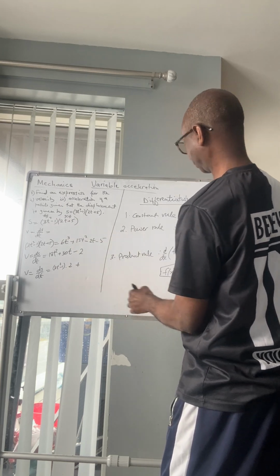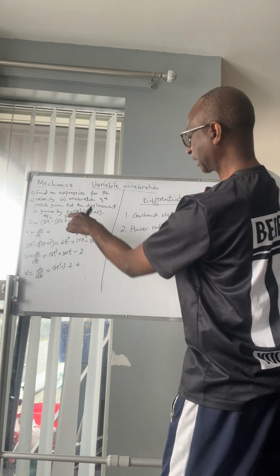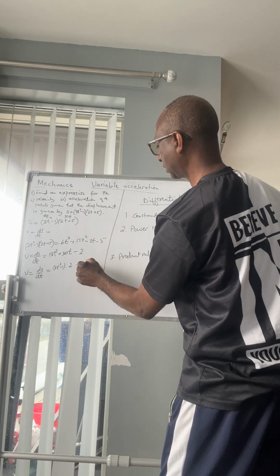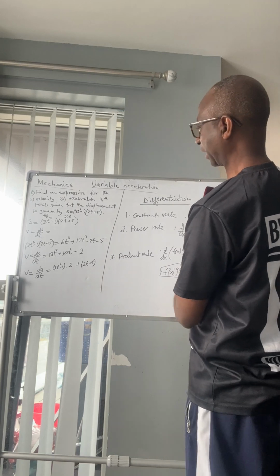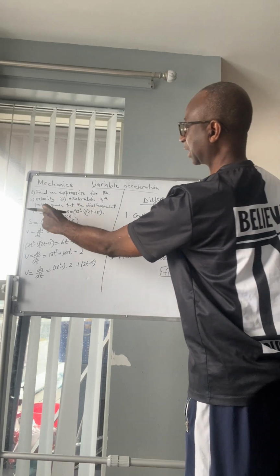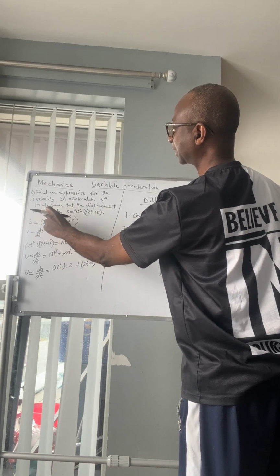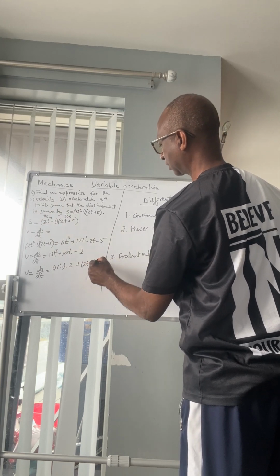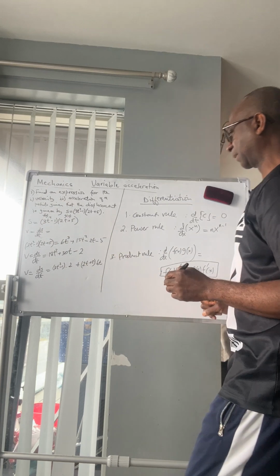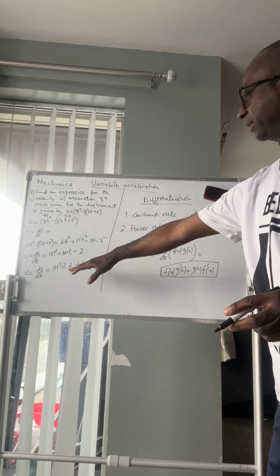Now plus g of x, which is 2t plus 5, times f prime of x. What is f prime of x? This is f, so f prime is 6t. You get 2t plus 5 multiplied by 6t. That is applying the rule straight away.